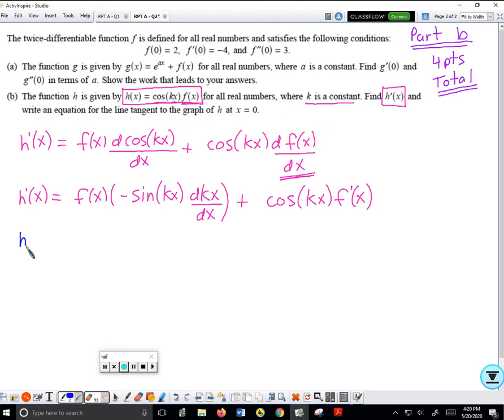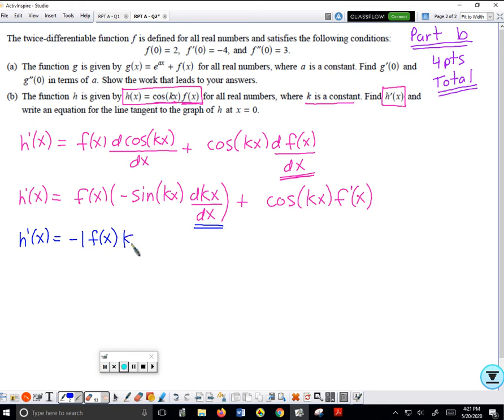So h prime of x must equal, let's see, the -1, probably easier to write it out front. So we're going to have -1 times f. The derivative of kx is going to be just k.